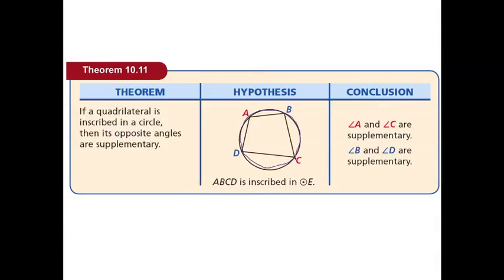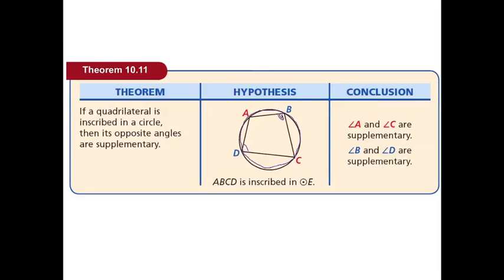Well, when I put those two things together, there's no overlap. It's just the whole circle. And an entire circle measures 360 degrees. But these two angles that I'm talking about, angle D and angle B, are not necessarily congruent. So don't think they have to be equal to each other.